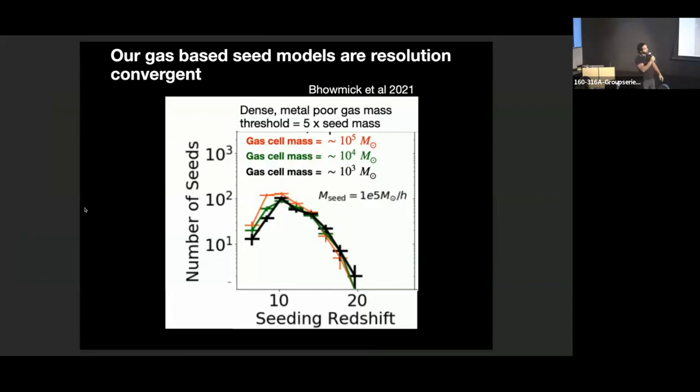And we see that all these resolutions produce similar numbers of seeds, which is nice. And we also see this generic feature common across all of our seed parameters, which is this initial ramp up of seed formation due to onset of new star forming regions, followed by the eventual suppression and slowdown of seed formation because of metal enrichment.